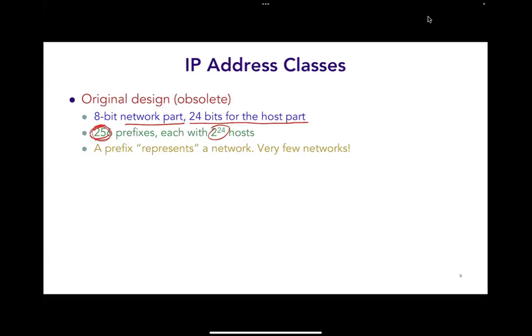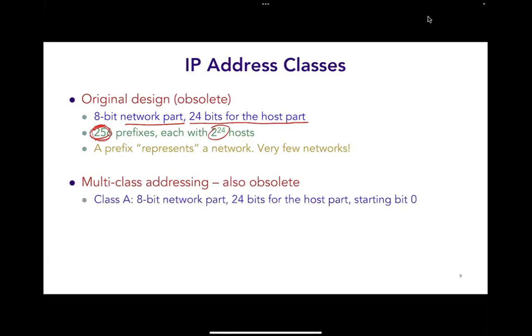And then we went to multi-class addressing. Multi-class addressing is also obsolete now, and I will talk about the reasons why it became obsolete as well. First of all, we have class A IP addresses, in which the first 8 bits represent the network portion, and the last 24 bits represent the host portion.